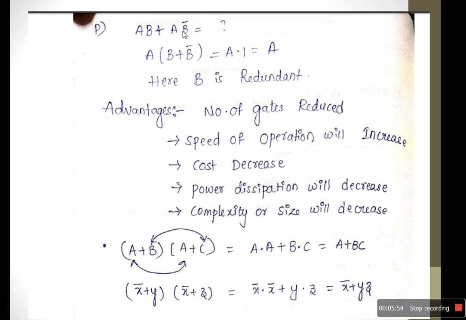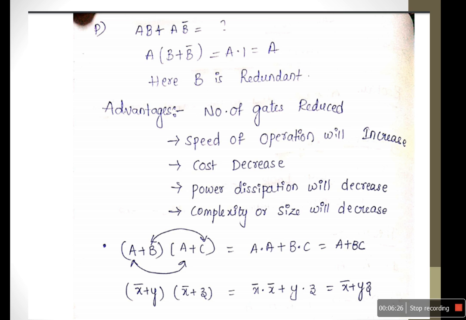After minimizing this expression I am getting only one A. So only one gate is required, so the cost is decreased, the power dissipation is decreased, and the complexity or size will also decrease, because to construct the original expression we need two AND gates, one OR gate, one NOT gate, but after minimizing you need only one AND gate, so definitely the complexity and the power dissipation will decrease.